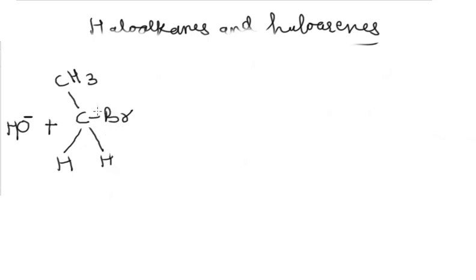Now what happened in this reaction? This bond is broken, this is eliminated, and this one is attached to this one. So this is a 1 degree alkyl halide.